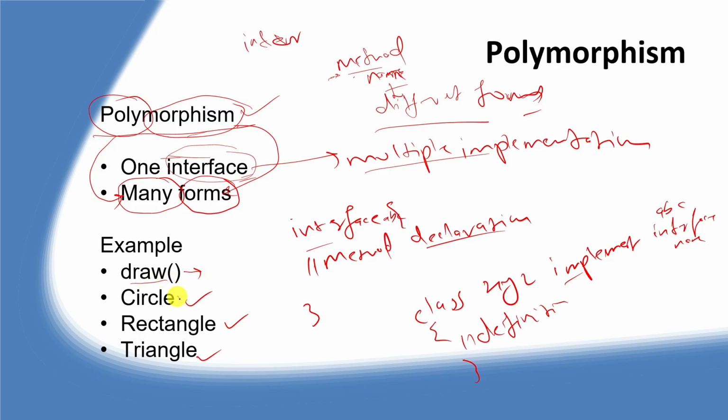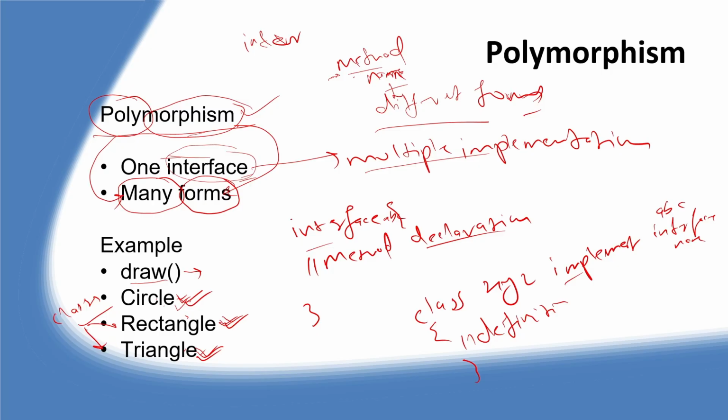Think of each shape as a class. Each class has properties and behavior. Behavior means methods. Circle will have a method, rectangle will have a method, triangle will have a method.